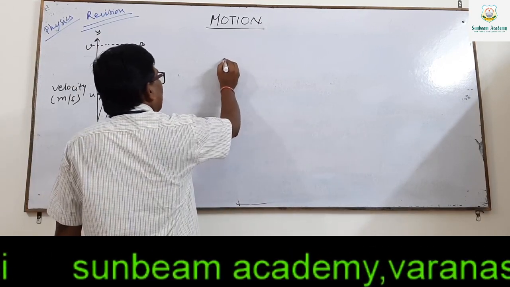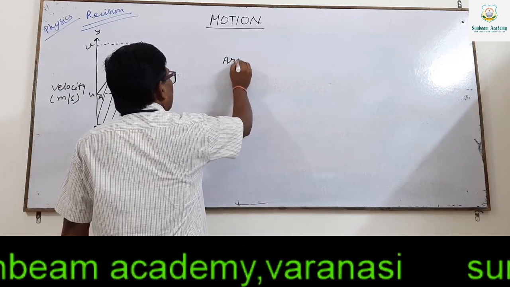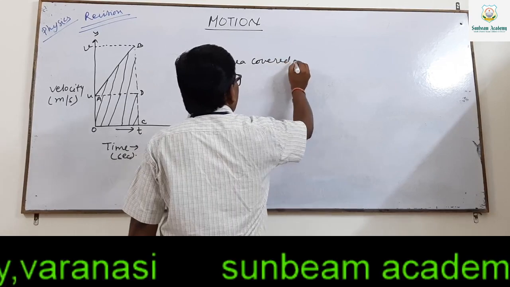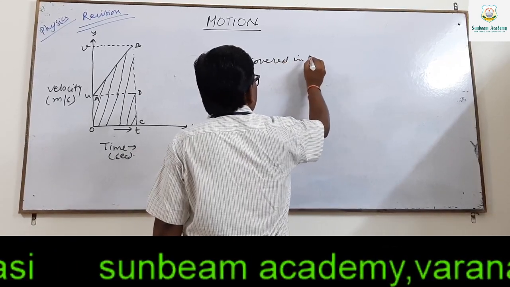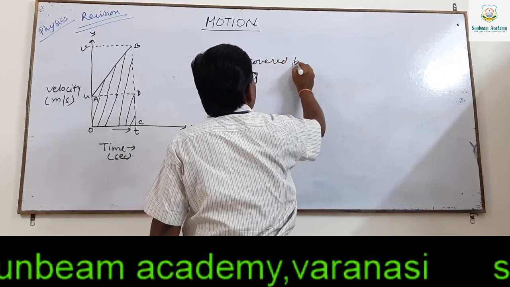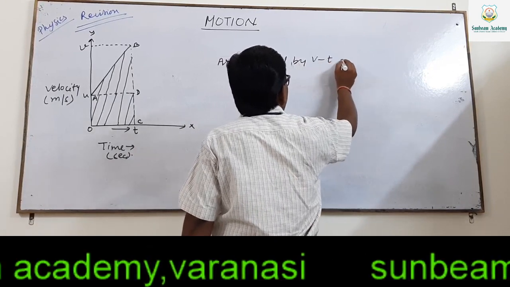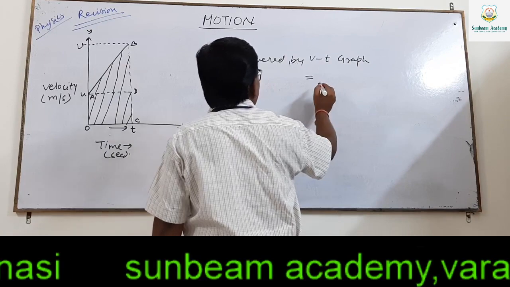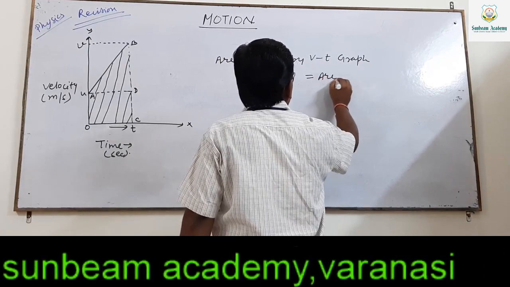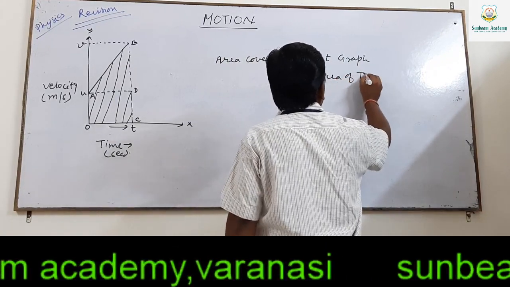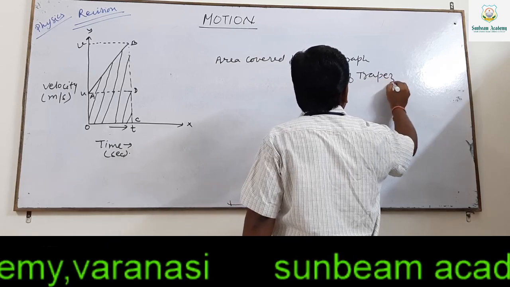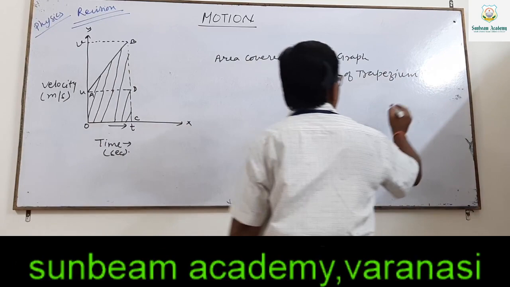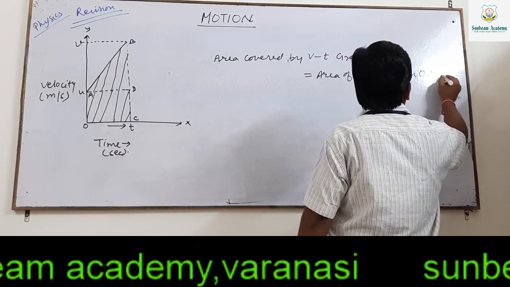So here the area covered by the velocity time graph is equal to the area of trapezium OABC.